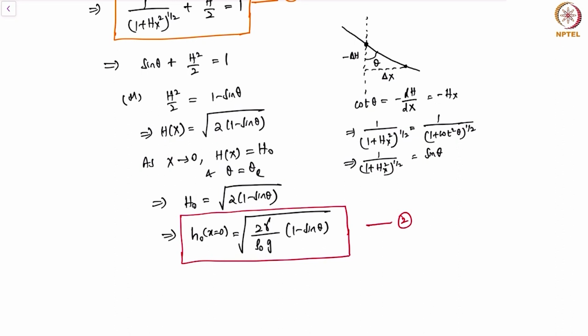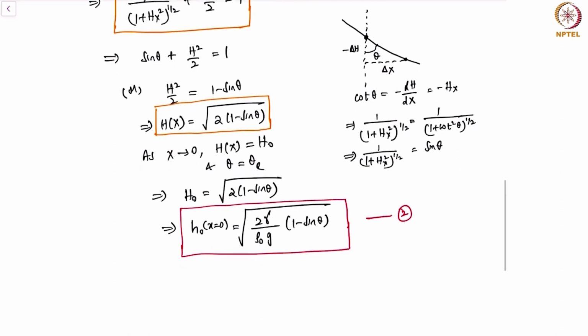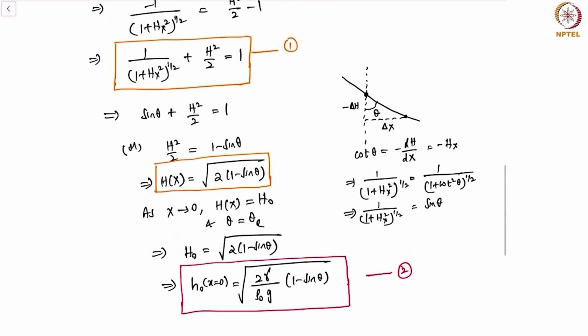This equation here that I am highlighting is also the shape of the meniscus, because it tells me what is the height at any given x as a function of angle. So you can think of this as a height versus angle coordinates. Now we can also integrate this equation. Which equation? Equation number 1.